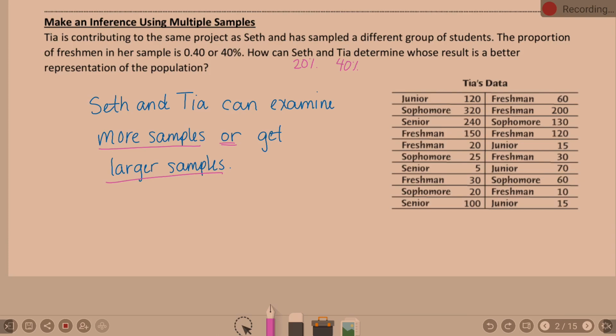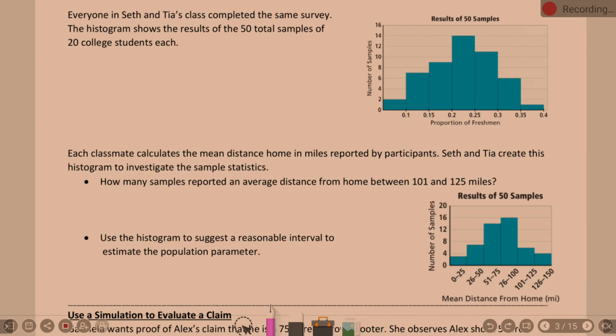Okay, get what you need there. Look at the next page. Realize Seth and Tia aren't going away yet. We're just adding on to this problem. They do go away eventually. Then we talk about Alex and Gabriella, so several pieces of the problem. Okay, so we had Seth's sample. We had Tia's sample. Now, guess what?